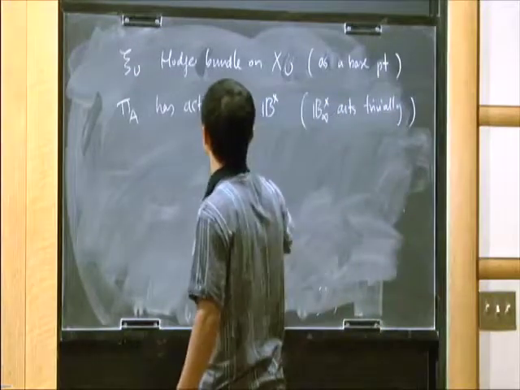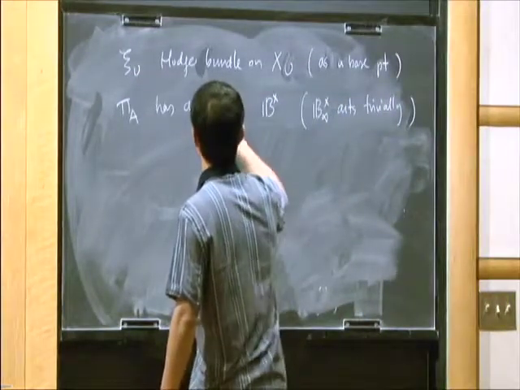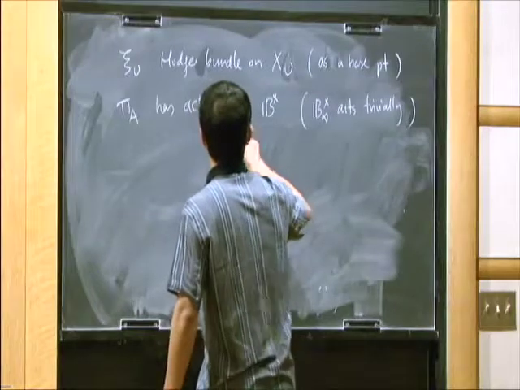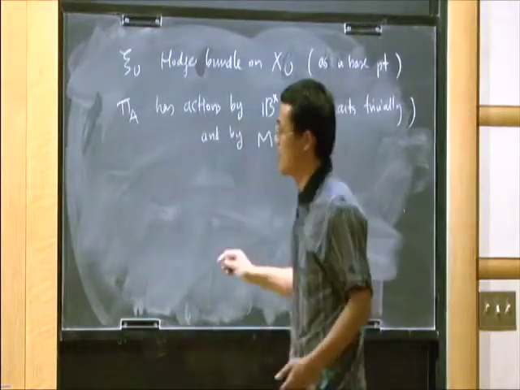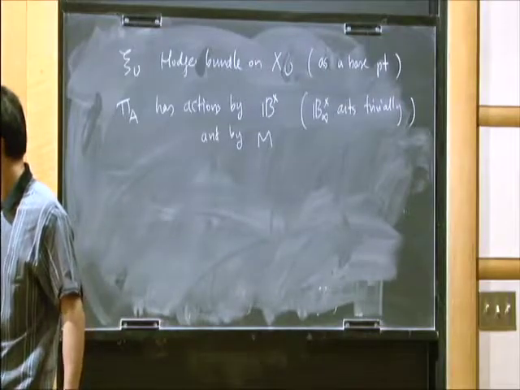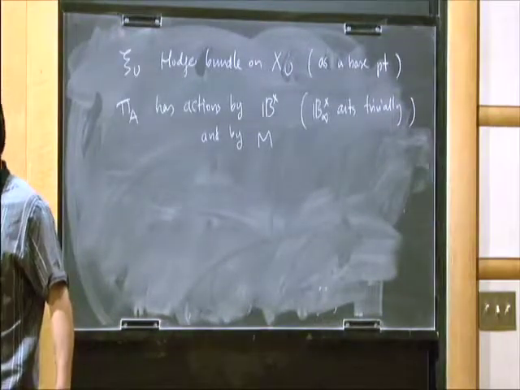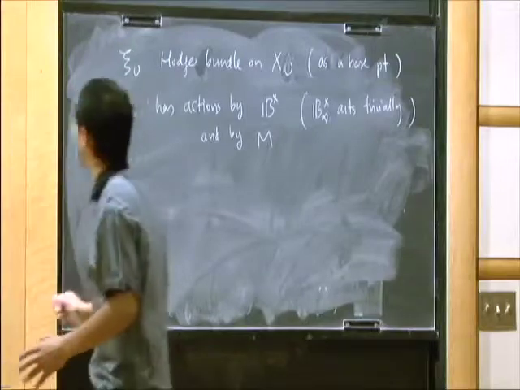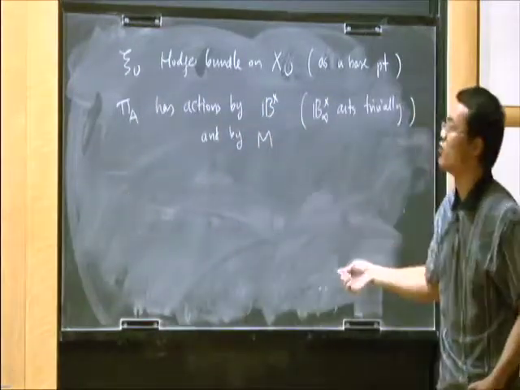And it also has an action by M. So the action of M here, and the Hecke operators here, and so we get multiplication here. And then those two actions commute.